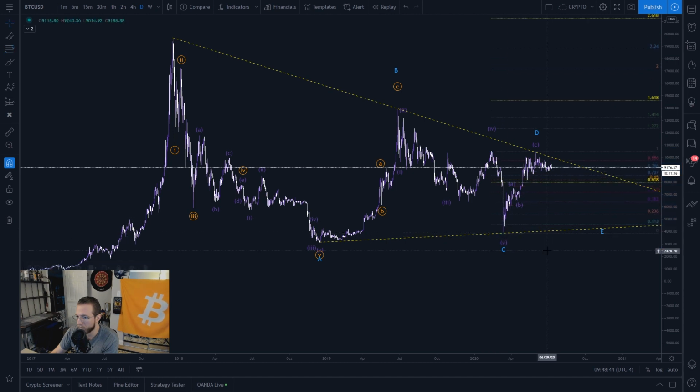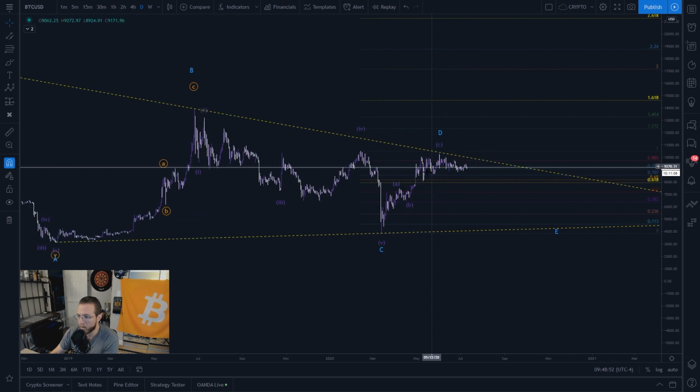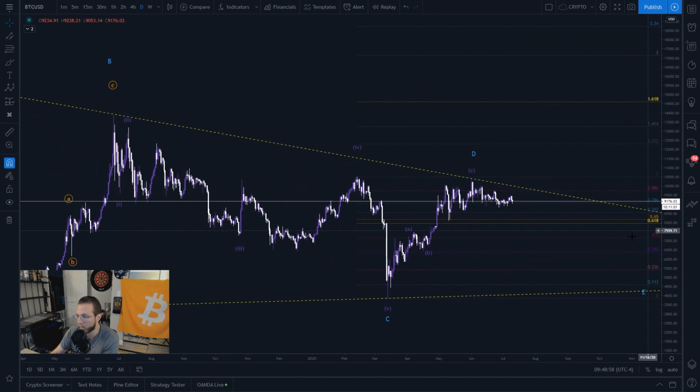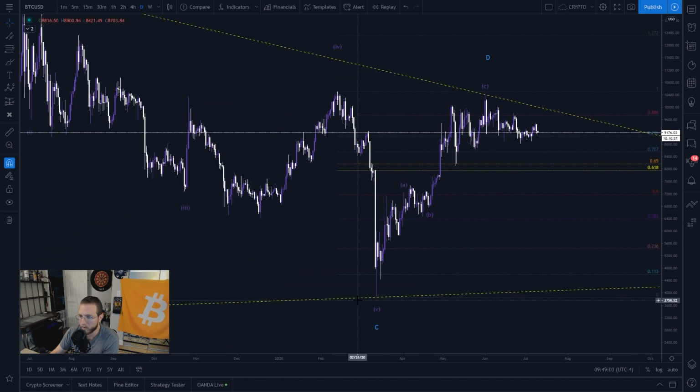On the way up from this high to this low, this was a super clear, perfect break of an impulse. When you shoot through the 618 and the 786 like that in basically one candle, that is super indicative of an impulsive move or the start of a trend change.